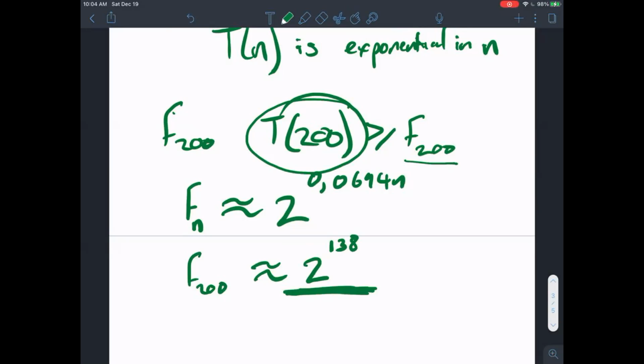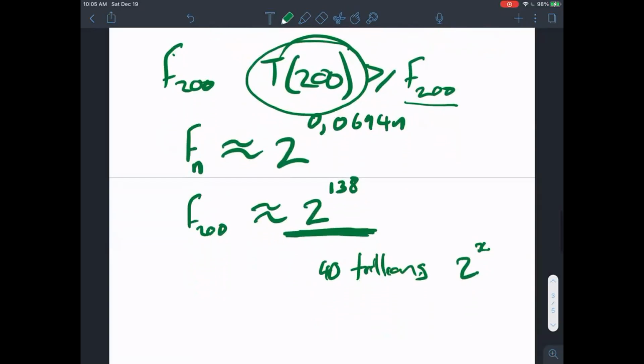For example, the NSA simulator can clock about 40 trillion steps per second. But still, if you look at 40 trillion, it's 2 to the power of something. But already you can see that this exponent will be way, way smaller than that.